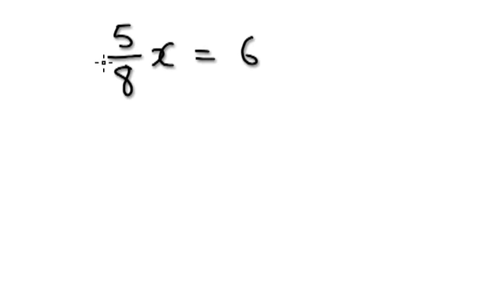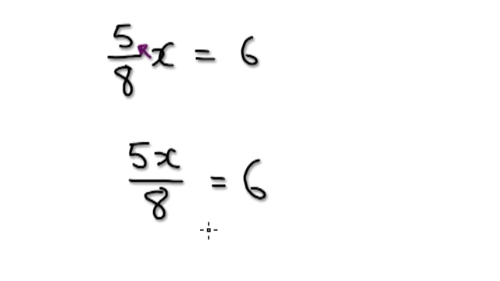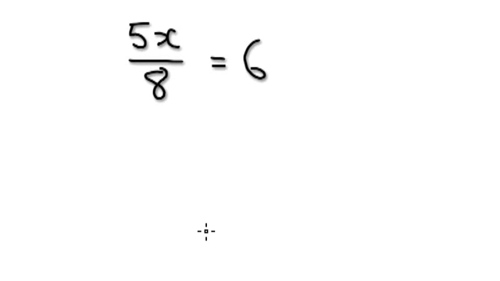If you're given something like this, 5 over, let's say, 8x equals 6, visualize it as an x multiplying a fraction, so it gets multiplied to the top. So this would become 5x over 8 equals 6, and then you would kill off the 8.